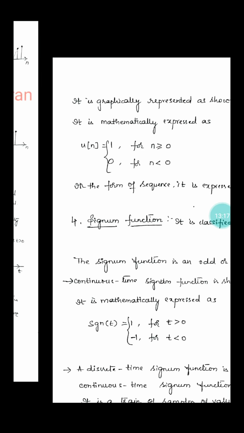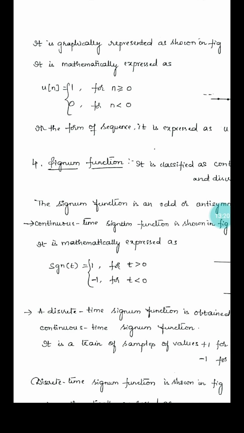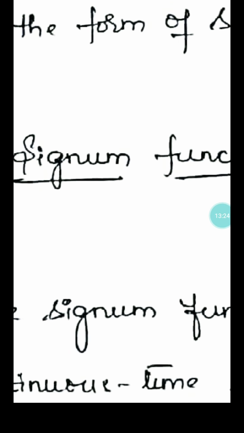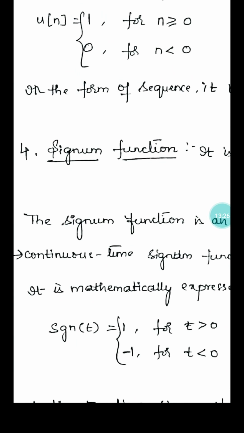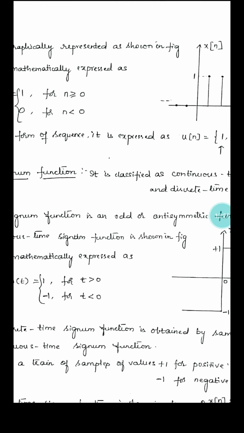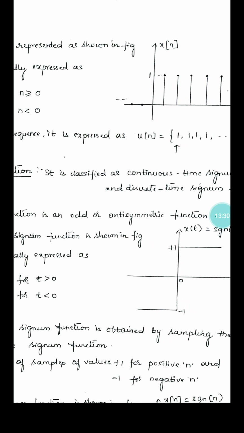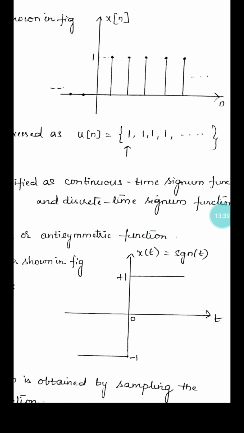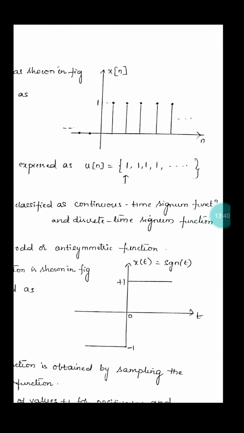Okay, now we will enter into the fourth standard signal, that is called the Signum Function. It is a very important function, defined for both the continuous time Signum Function and the discrete time Signum Function.